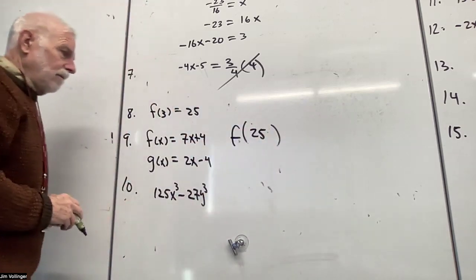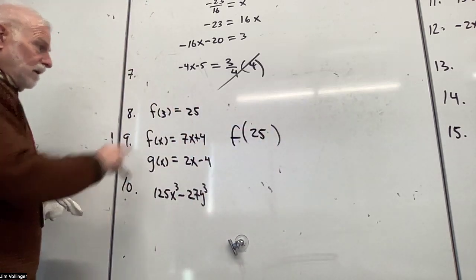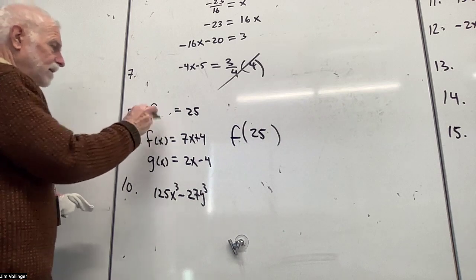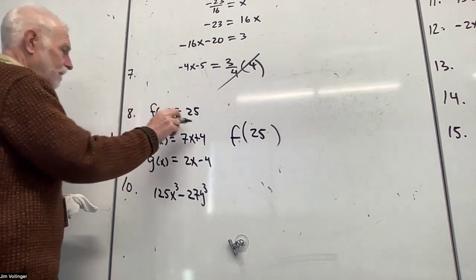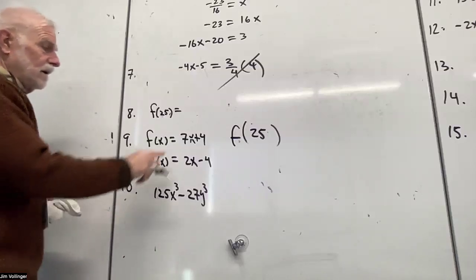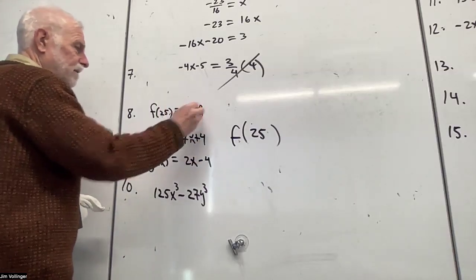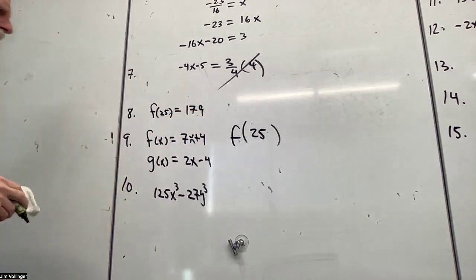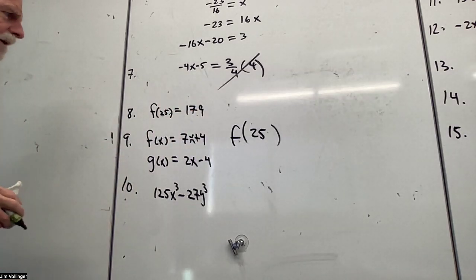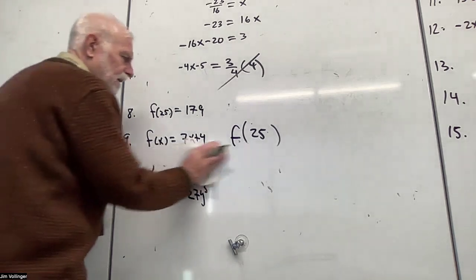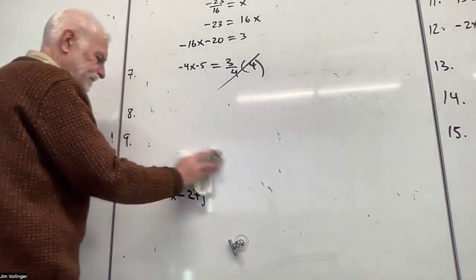And now I want to do f of 25. Well, that's f of 3. Why don't I make it f of 25? I'm not going to get the same answer anymore. 7/4 is $1.75 plus 4 is 179. Saw some really strange answers for that one. Not sure why. All right, so that's 179.